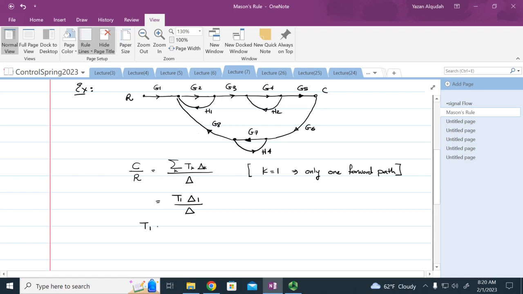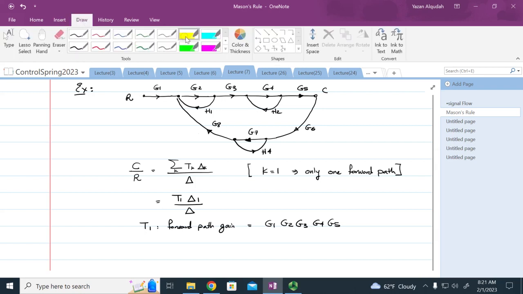So T1 is the forward path gain, and it is equal to G1, G2, G3, G4, and G5. So this is our forward path. Okay. What are the loop gains?